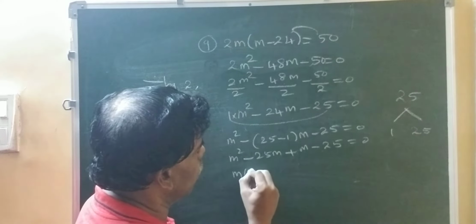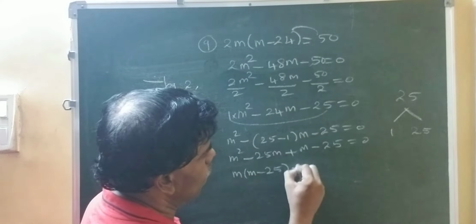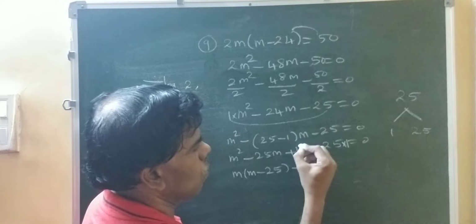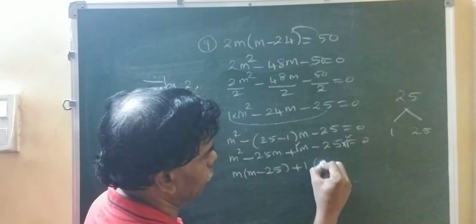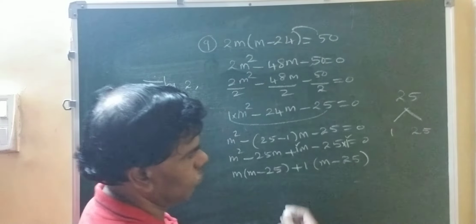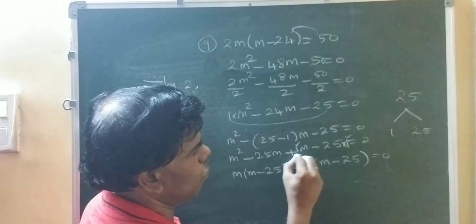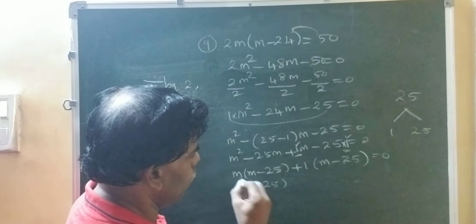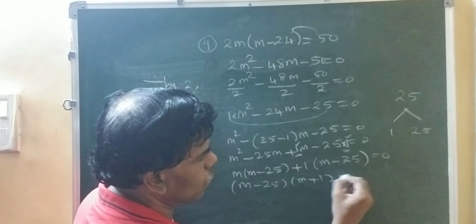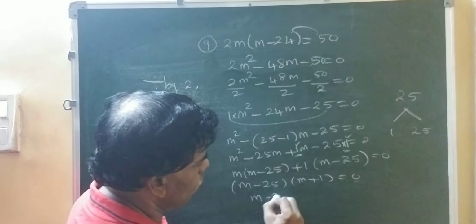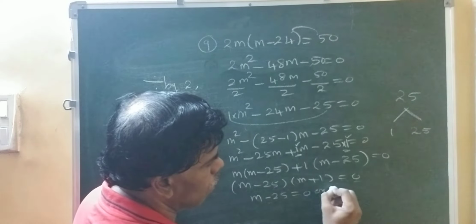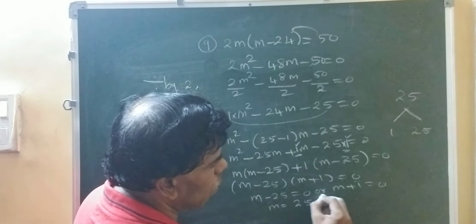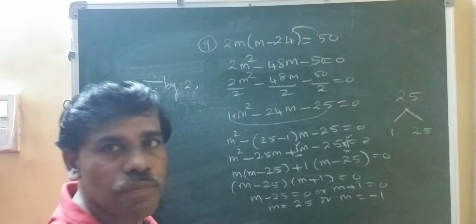Now m, if you take it out, m minus 25 plus, what is common here? 1 is common here. This is very important. So m minus 25 into m plus 1 is equal to 0. Therefore, m minus 25 equal to 0 or m plus 1 equal to 0. Therefore, m equal to 25 or m equal to minus 1.